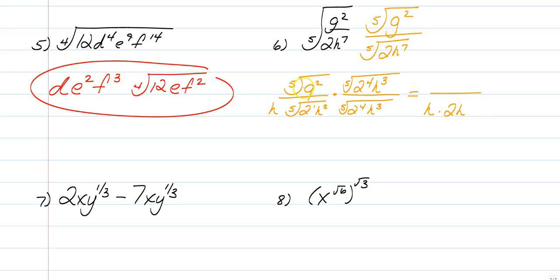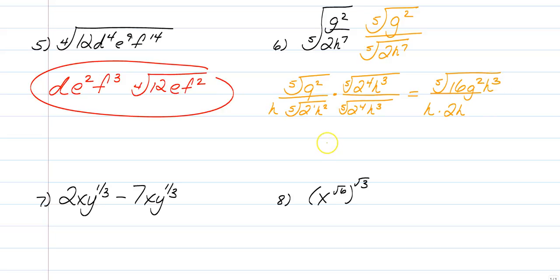But we need to multiply the top. We have the fifth root of g squared. We have the fifth root of 2 to the fourth power. 5 does not go into 4 evenly, so we're going to write that as 16. And 5 does not go into 3. So our numerator is just going to be the fifth root of 2 to the fourth power, which is 16, g squared, and h to the third.